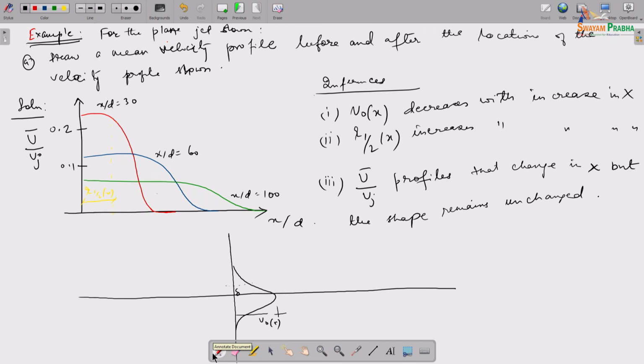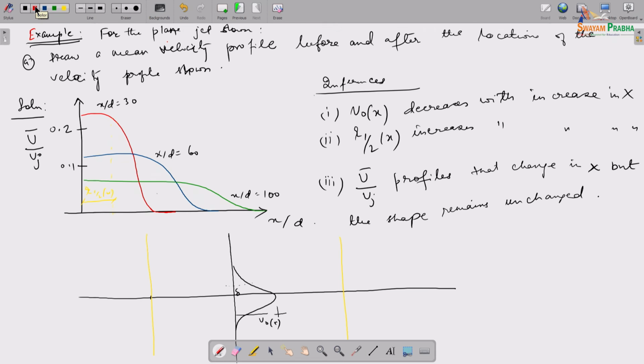Now, let us choose a location which is, say, here. And this is a location which is here. How shall I even draw this plot?